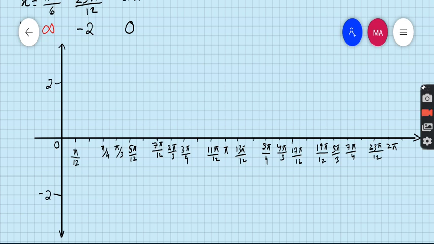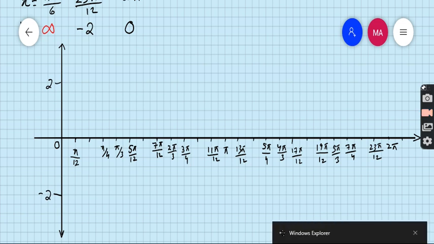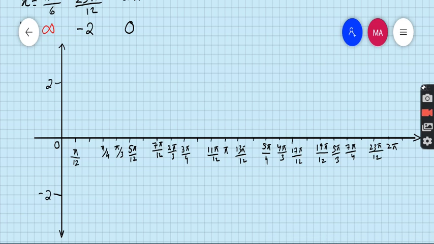So the first value is, when x is 0, the value of y is 0. This is the first square. When x is pi by 12, the value is 2. When x is pi by 6, the value is undefined.